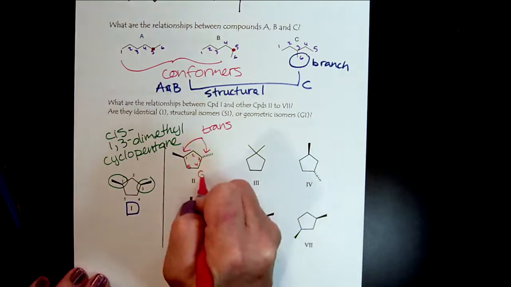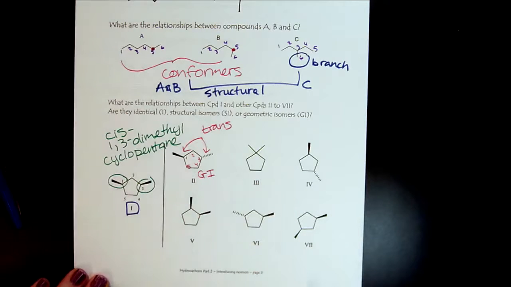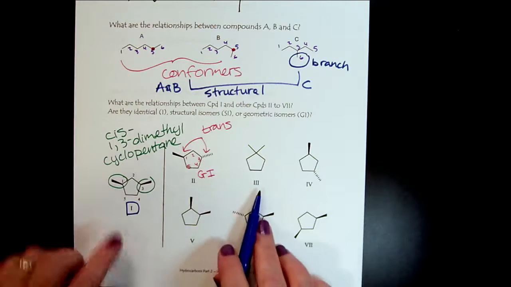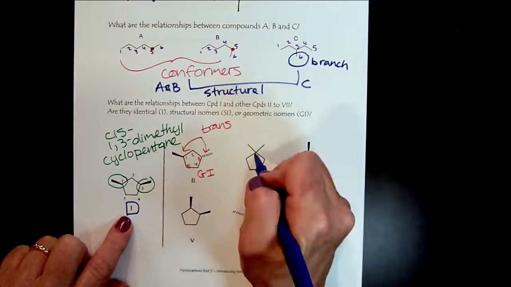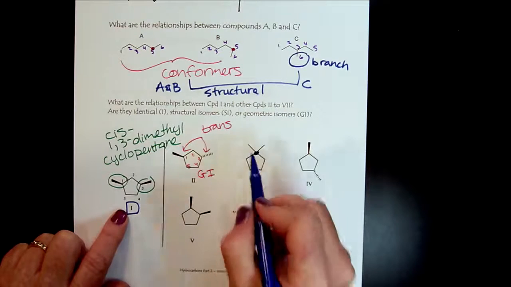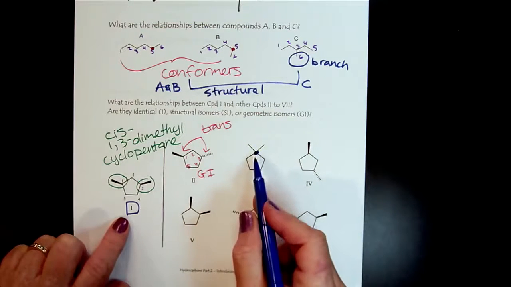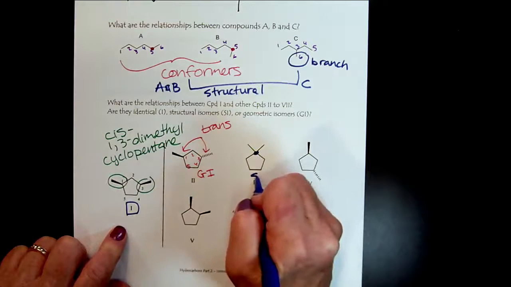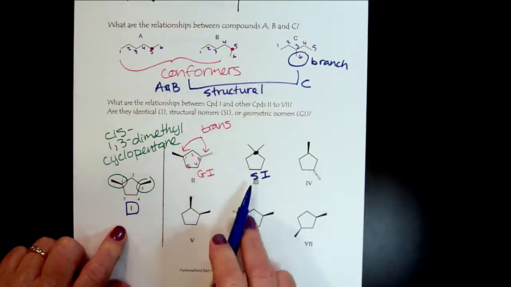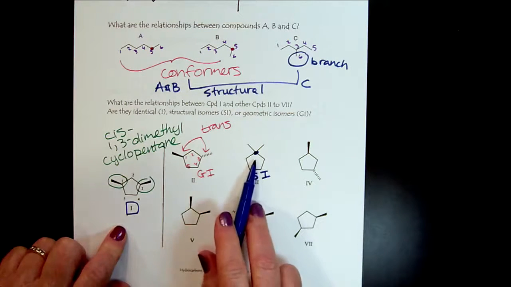So this would be a geometric isomer. Let's try compound 1 and 3. We still have the same chemical formula, but notice now both branches are coming off of the same carbon, right? We have different structures. So this would be structural isomer. Same chemical formula, but different connectivity.